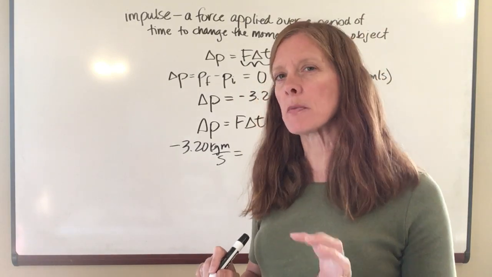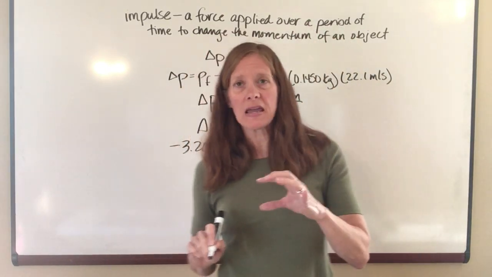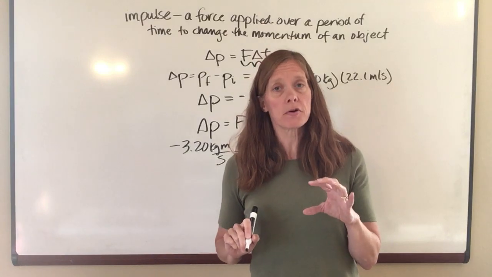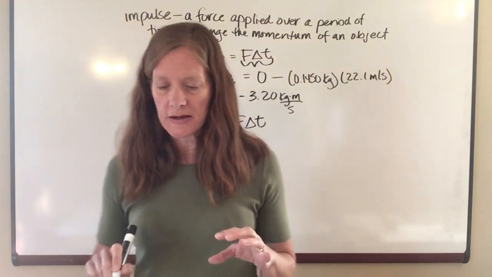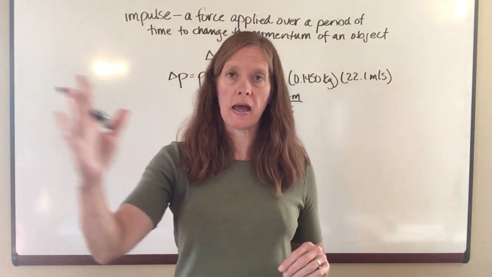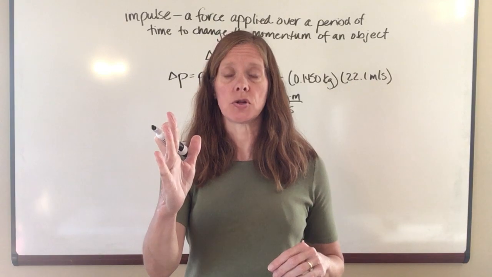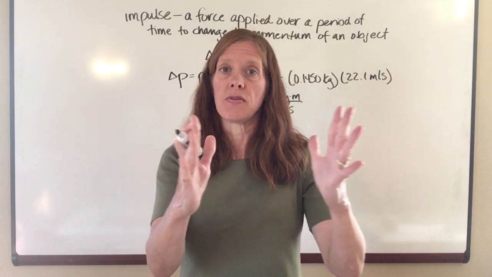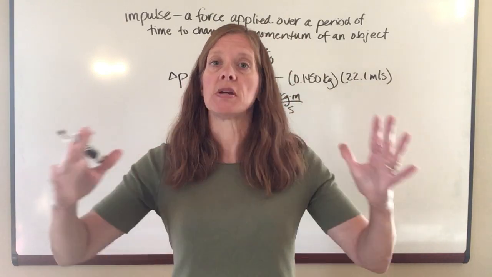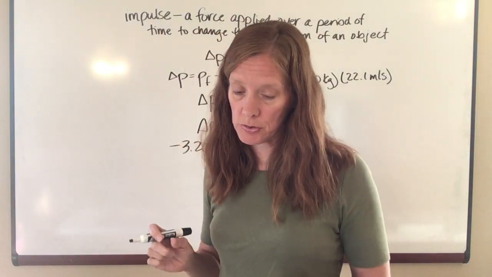However, you need to think about what sign that needs to have. Positive and negative signs in physics very often indicate direction. If the ball is coming this way, which way is the player applying the force? Well, he's applying the force this way if he's catching the ball, so he's applying the force in the opposite direction that the ball is moving.